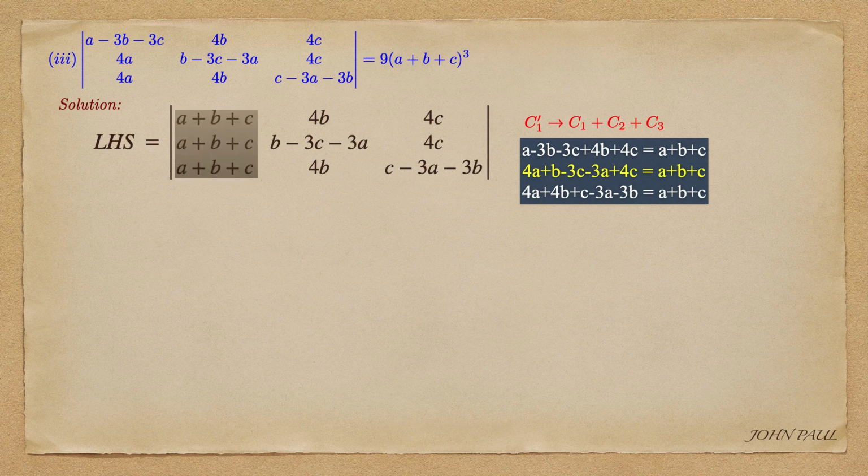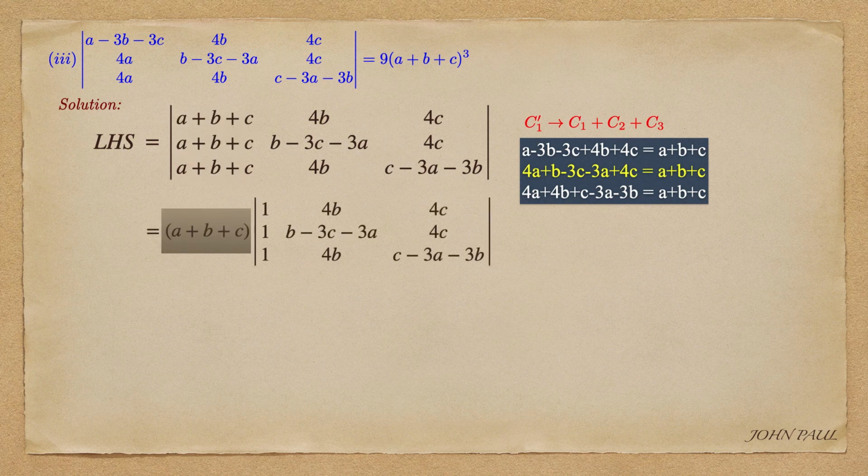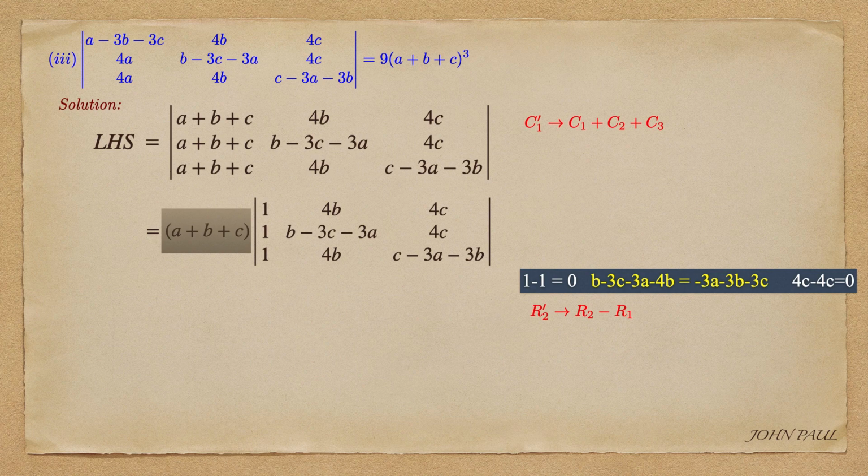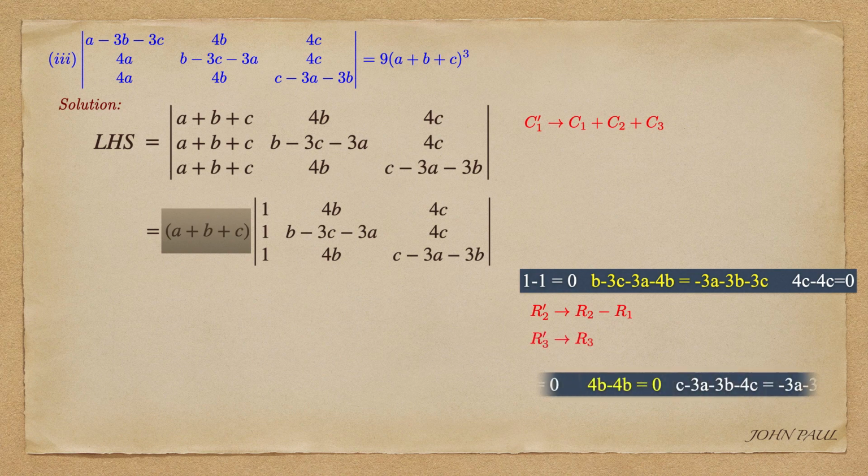Now we will take this a plus b plus c outside the determinant. In this, we have to do the row operation R2 minus R1. By subtraction, we get 0, minus 3a, minus 3b, minus 3c, 0. And we'll do the third row similarly.